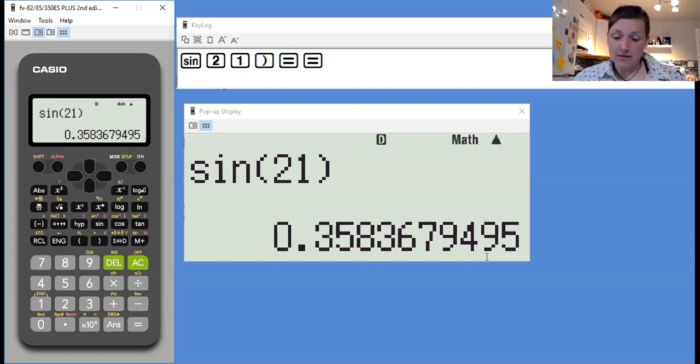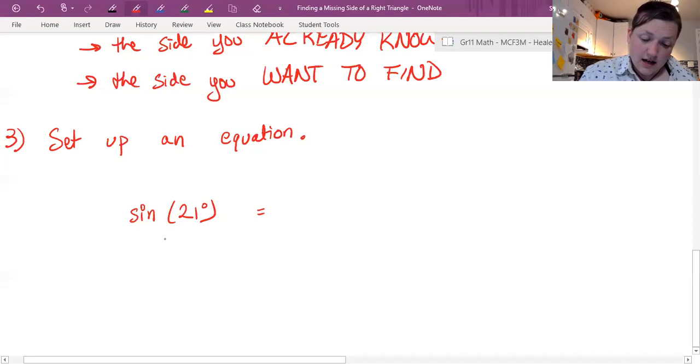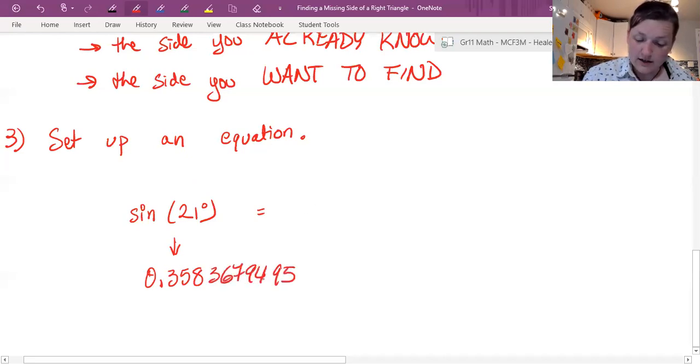So if we go back to our question, this sine of 21 was a ratio, and we found it: 0.35836799495.